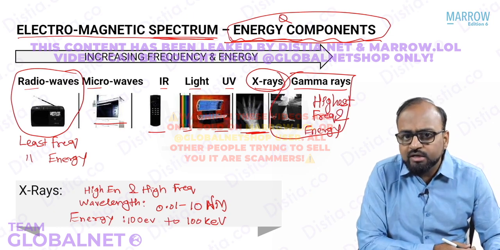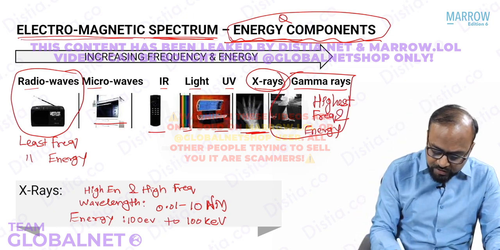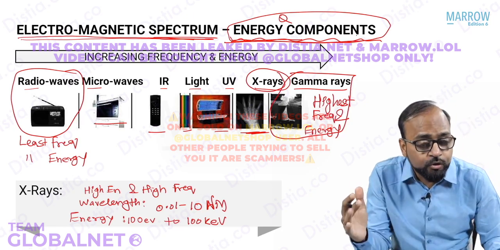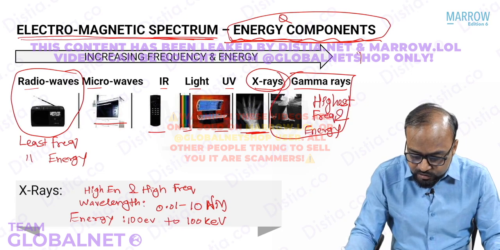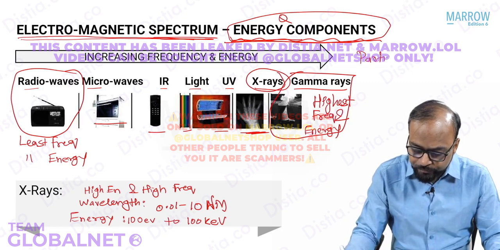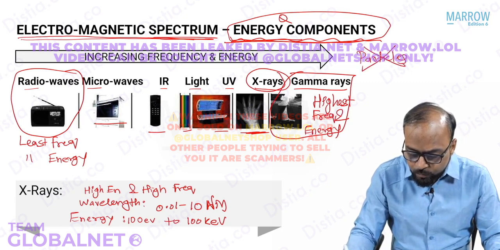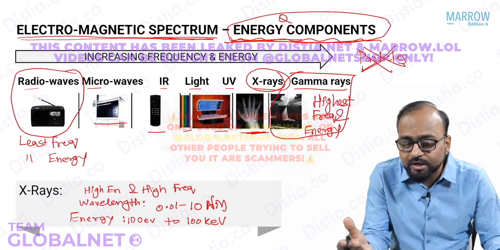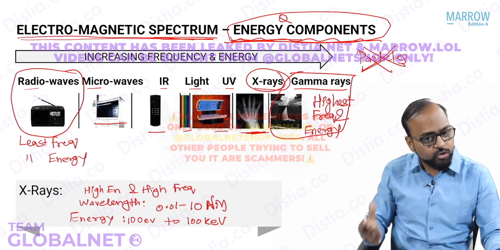Now questions have been asked on the properties of the electromagnetic spectrum. We have just seen one property, that it is comprised of energy components, which means that it is not comprised of particles. No particle can be a part of the electromagnetic spectrum, because the components are just energy components.